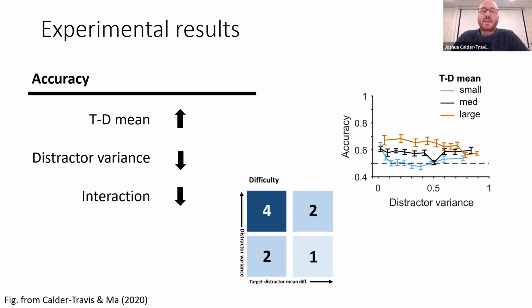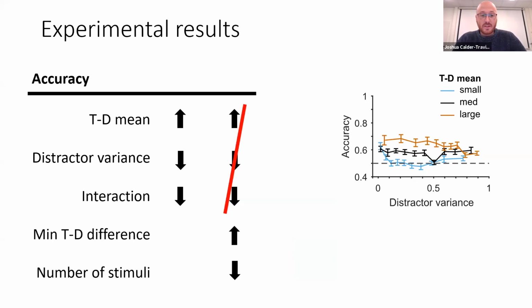Another reason, though, is that if we include more predictors in the regression, such as min TD difference and the number of stimuli, then the effects of distractor mean and distractor variance and their interaction are no longer significant. Well, first of all, this is very similar to what Andrew found.